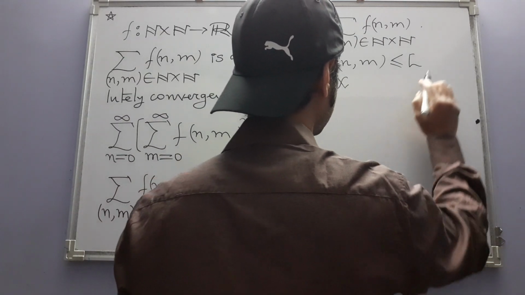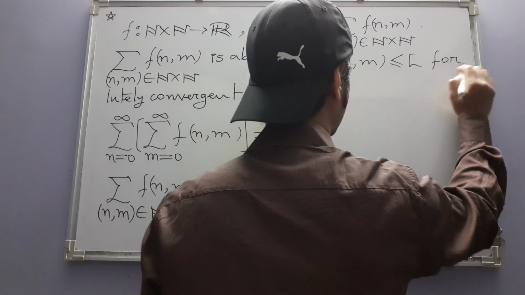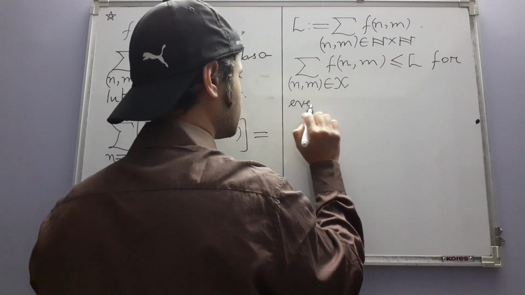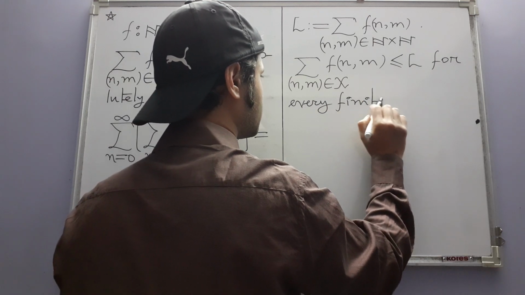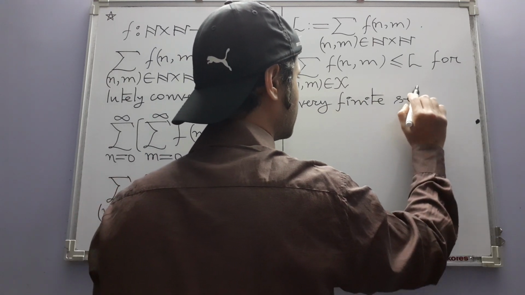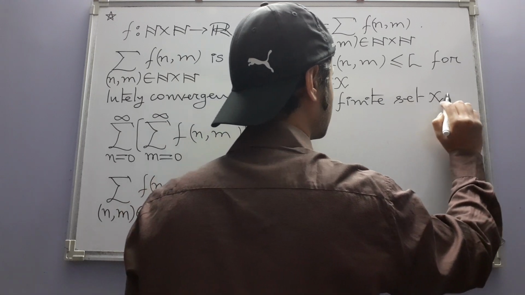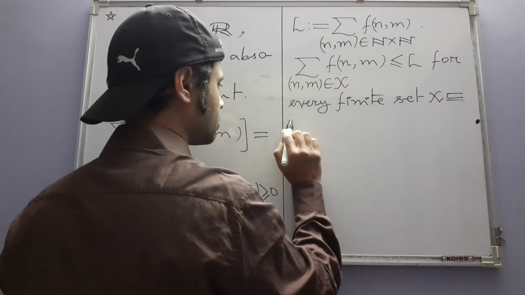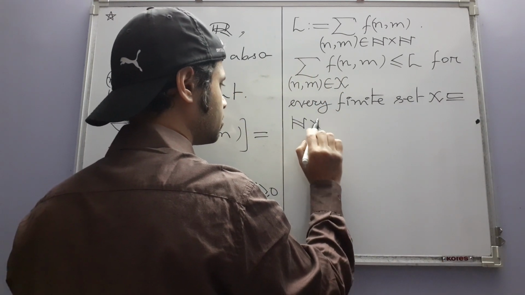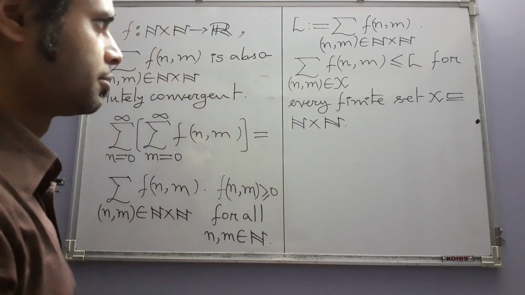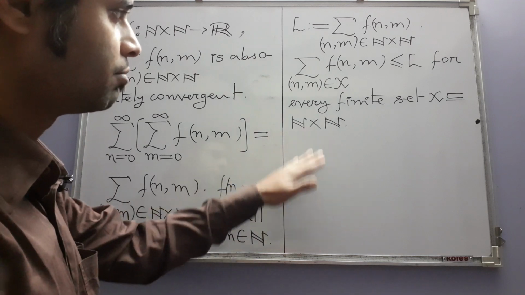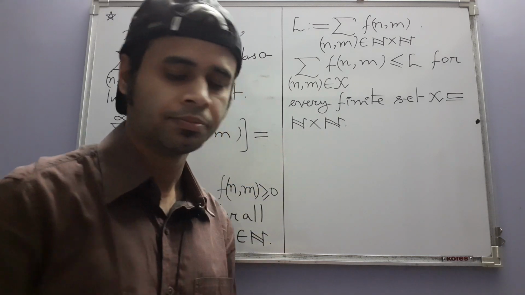That's because this X is a finite set, for every finite set X which is a subset of this Cartesian product. Okay, so this is where we stopped in the previous video.